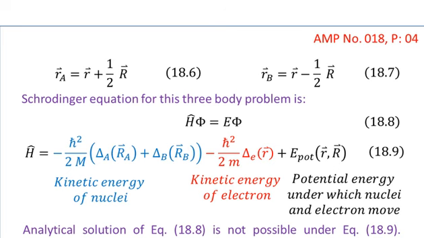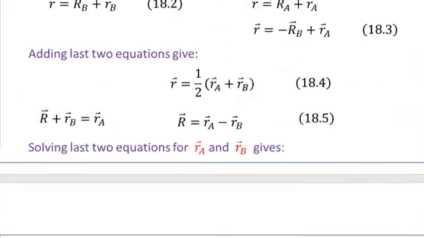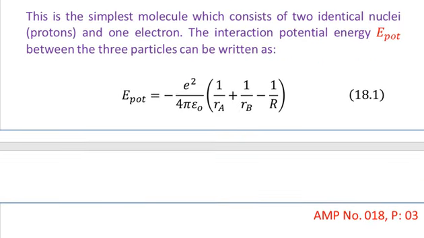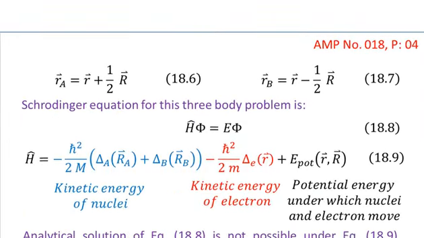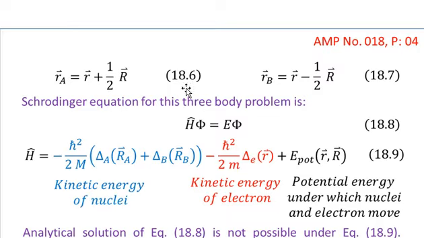And you know that this is the potential energy that we have written before. In this potential we had 1 over R, we had Ra and Rb, which were unknown, and then we connected these unknown quantities with the known quantities through equations 18.6 and 18.7.